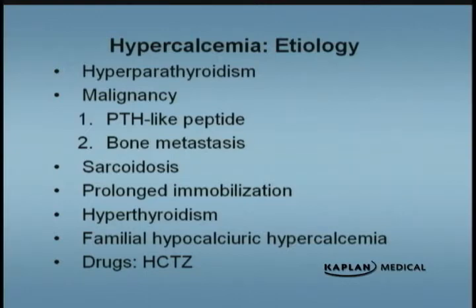These secrete this parathyroid hormone-like peptide that works just like parathyroid hormone. What does parathyroid hormone do? It activates the osteoclasts to break down bone and release calcium into the serum. So it works exactly like parathyroid hormone to increase calcium in the serum, and that's how we get the hypercalcemia.